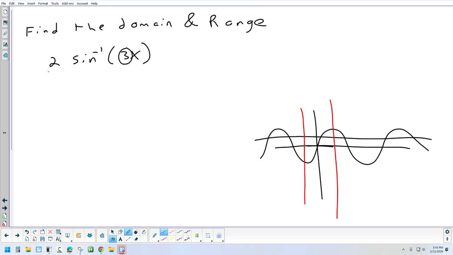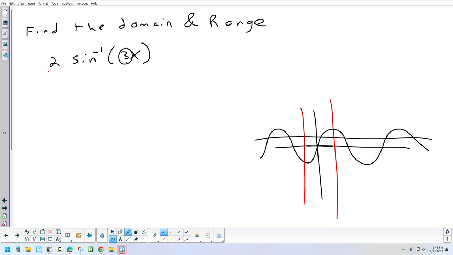And what is that 3 doing? Compressing it which way? Down by 1/3. So which direction? Horizontal or vertical? Horizontal. Yes, that's a horizontal compression. It's going to compress everything down 3 times as much. So if we originally went from -1 to 1, what are we going to go to if we compress that 3 times as much?